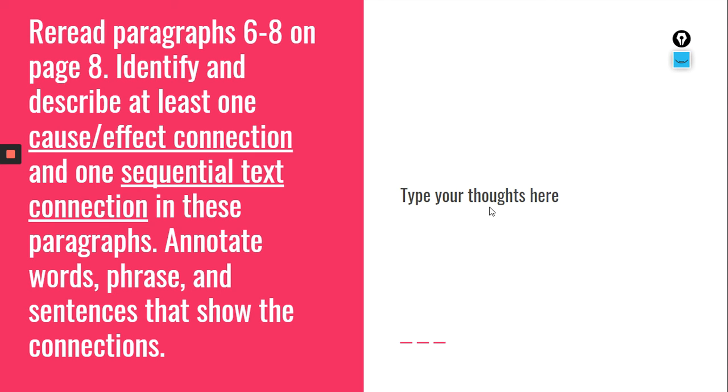Okay, I'm checking to see, did you do this? When you're done, you're going to hit play and I'll give you the answers. So go ahead and write out your thoughts here. And then when you're done, I want you to hit play back on this video so you can check your answers, okay?